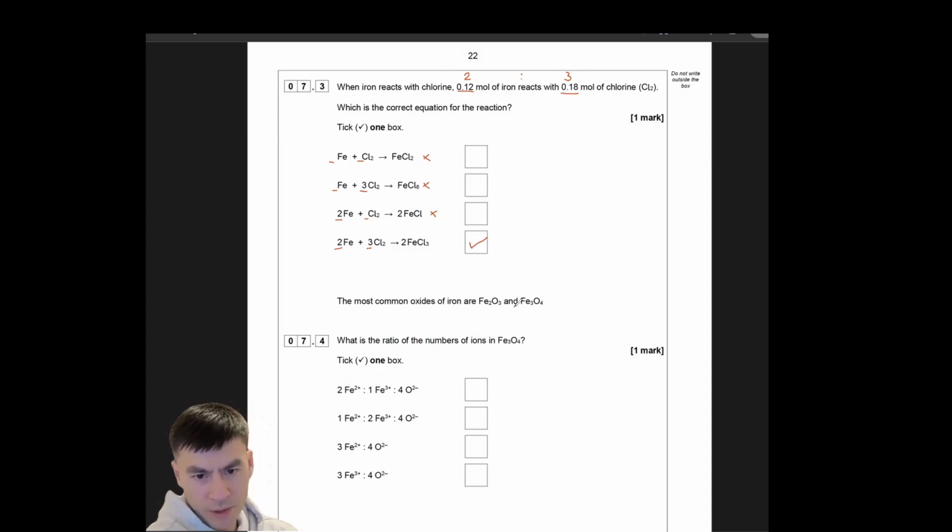Question 7.4. What is the ratio of numbers of ions in Fe3O4?